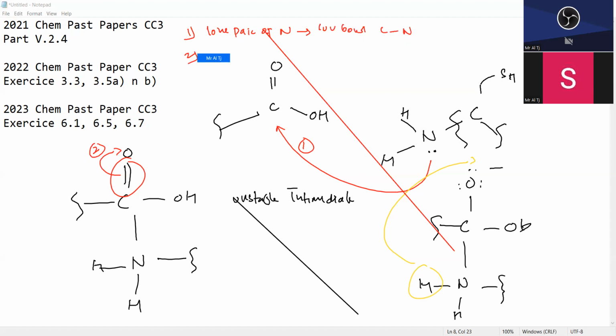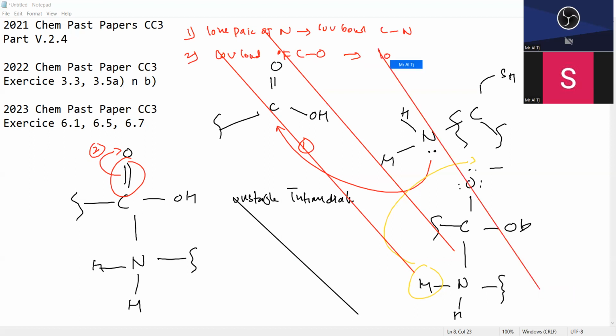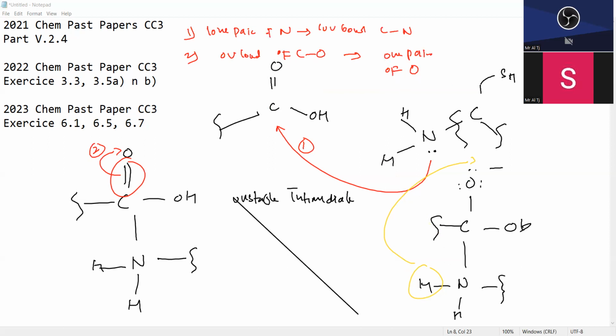And the second, the covalent bond of carbon to oxygen turned into the lone pair of the oxygen. That's it. Those are the two steps that we have.